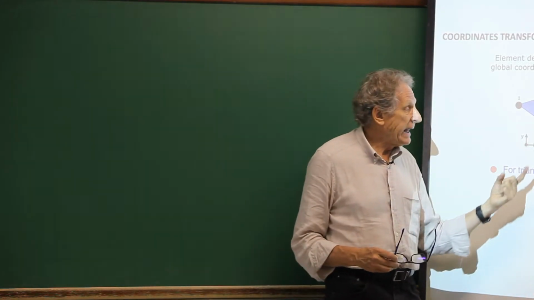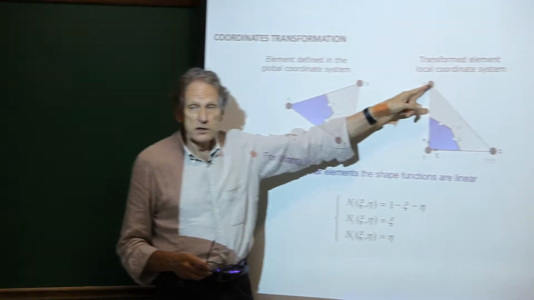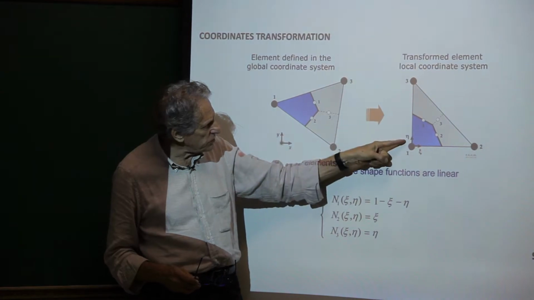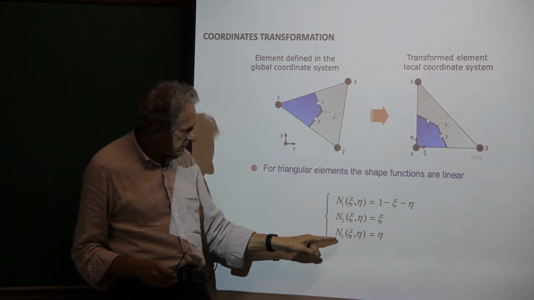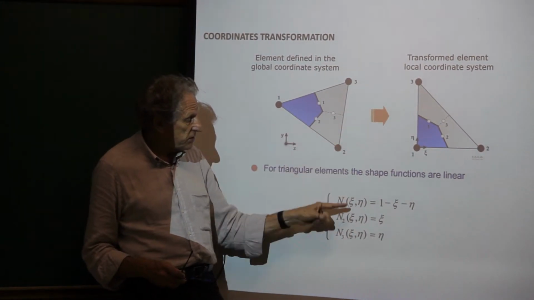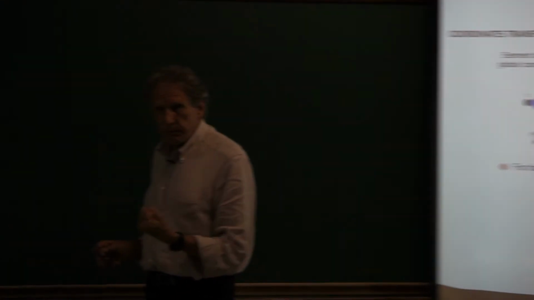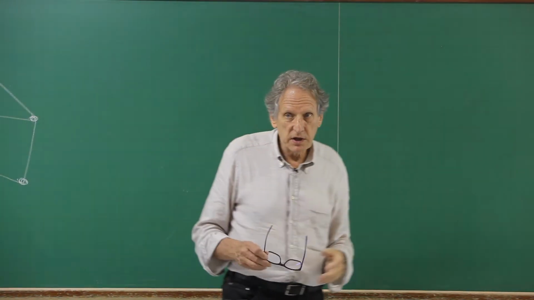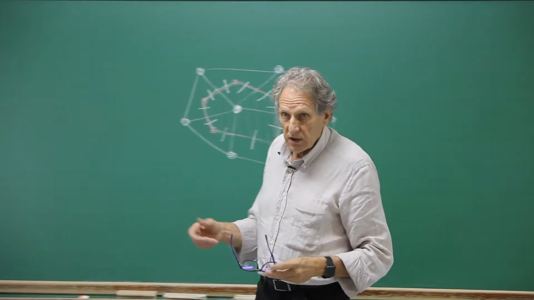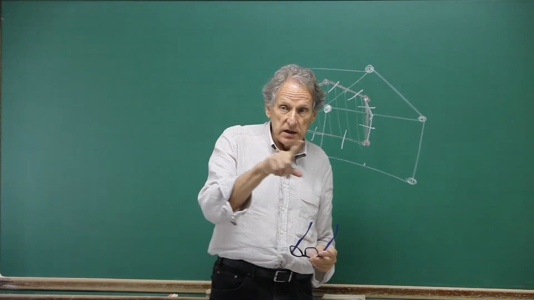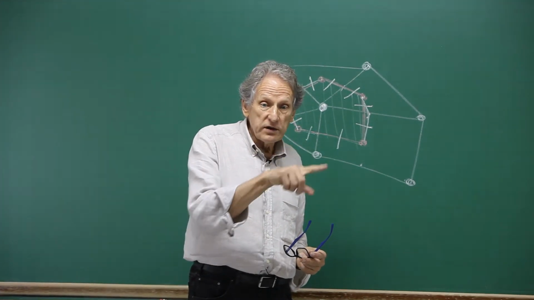The same way, N3 has to be 1 at this point. What point is this one? Eta is equal to 1, and the other ones are 0 there. These are the properties of the shape functions, which are natural properties, in order to take into account the influence.